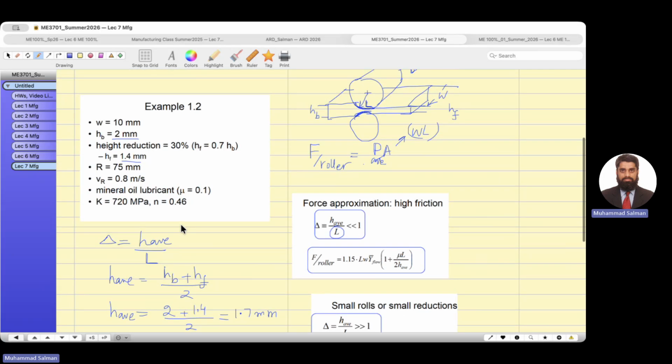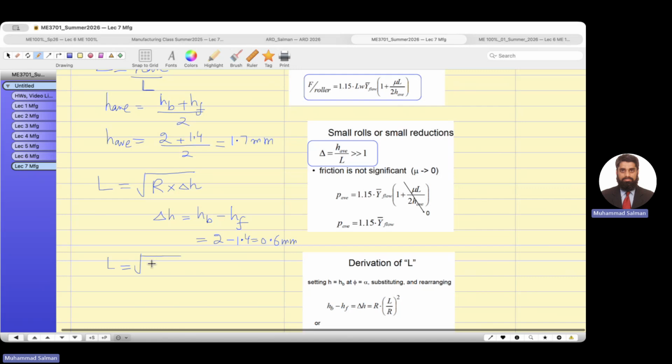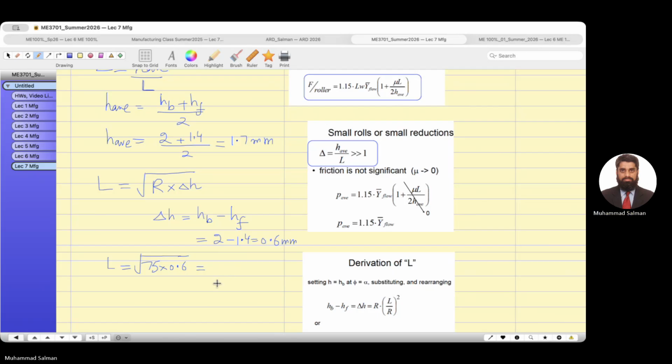If you take a look in the data, R is 75 millimeter rollers. So I can write down here 75 times 0.6. Can you open your calculators? What do you find for this answer? Is it 6.7? Please verify with your answer. Yes. Student says 7. That's good.